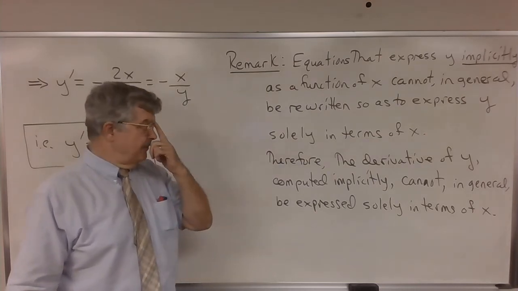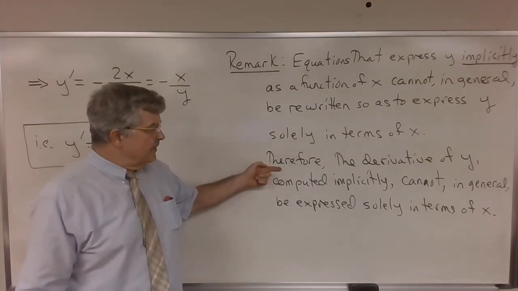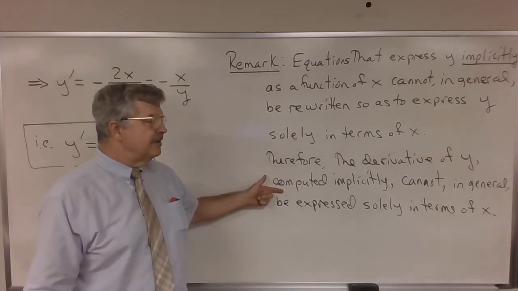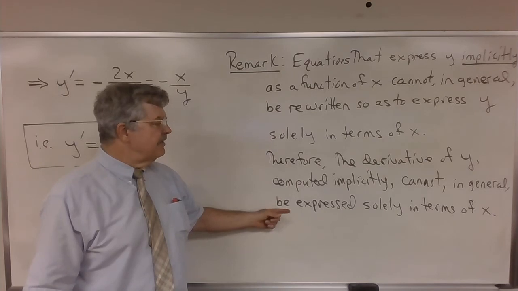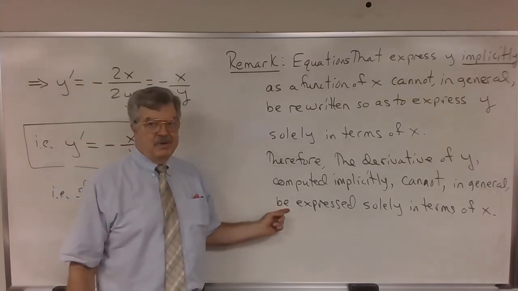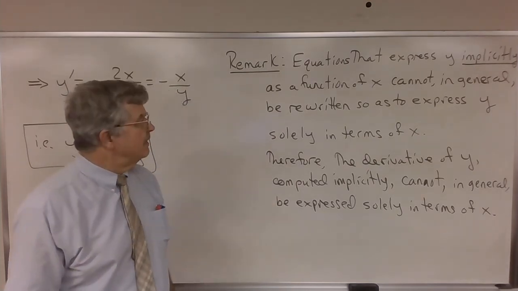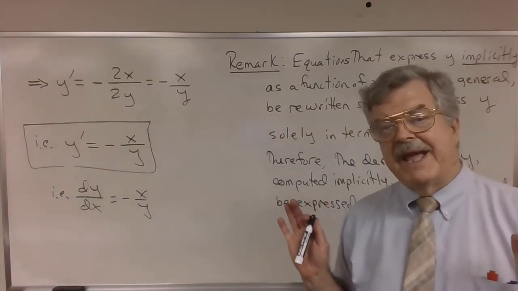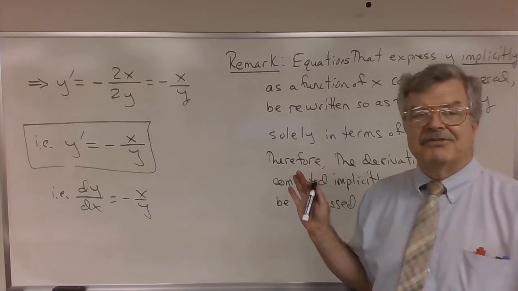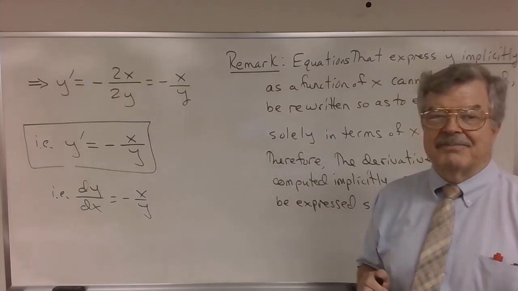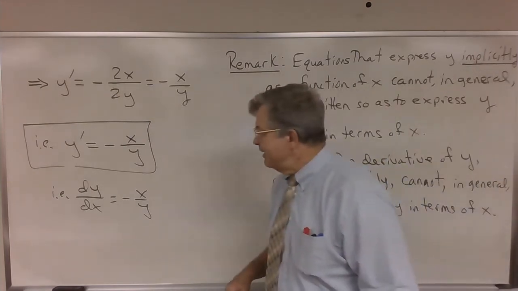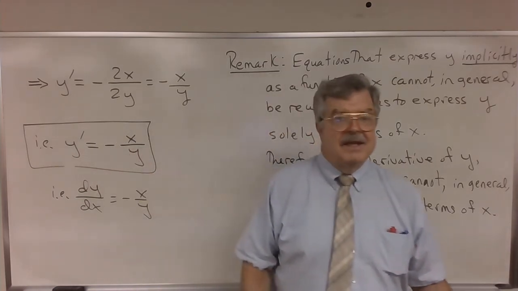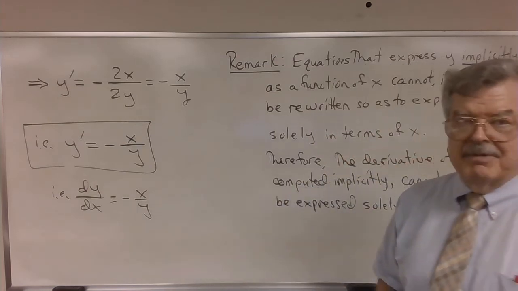Usually we can't do that. Therefore, the derivative of y computed implicitly cannot in general be expressed solely in terms of x. The bottom line was, given the equation we had, we couldn't express y solely in terms of x. So why should we expect that we can express y prime solely in terms of x? It's usually not going to happen.